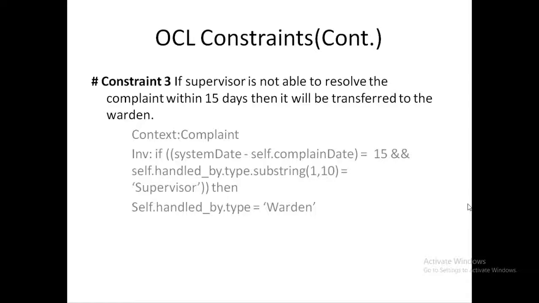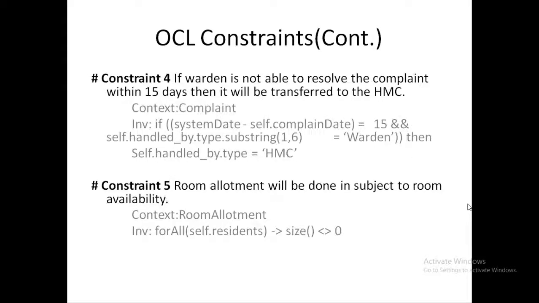Likewise, all these constraints are present here. More constraints: if the warden is not able to resolve the complaint, then it will be transferred to the HMC. Here is the OCL. If room allotment is done subject to room availability, then the size of residents in a room should be 0.